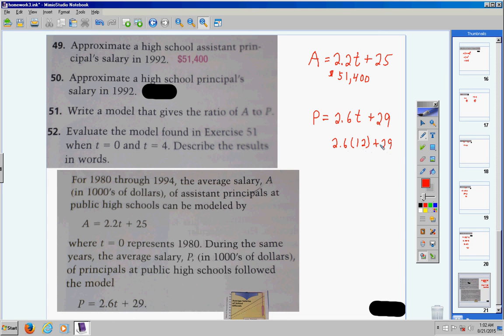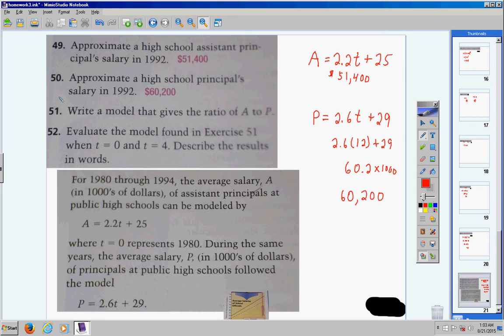Now if you take 2.6 times 12, and then add 29, you will get 60.2. But of course that's in thousands, so then take that and multiply it by 1,000, and you will get 60,200. Okay, so let's see if that's right. I hope that it is. Yes, it is.